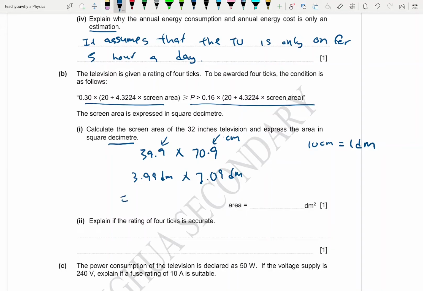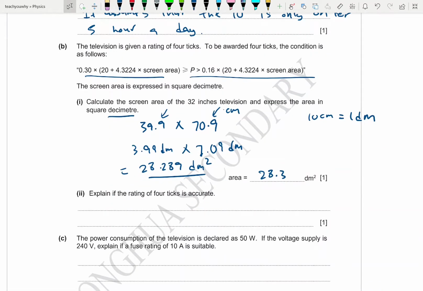So it's equal to 3.99 times 7.09. You get 28.289 dm square, and therefore round it off to 3 sig fig, you get 28.3 dm square.